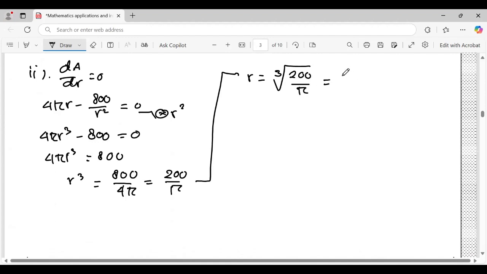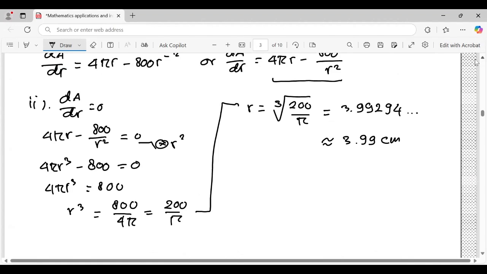If you calculate, the result is 3.99294, or rounded off, 3.99 centimeters.